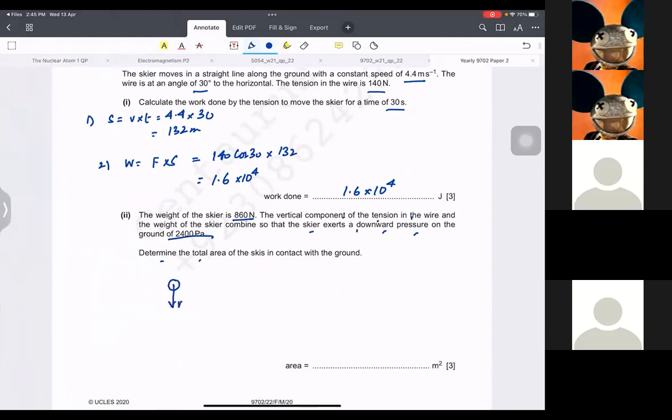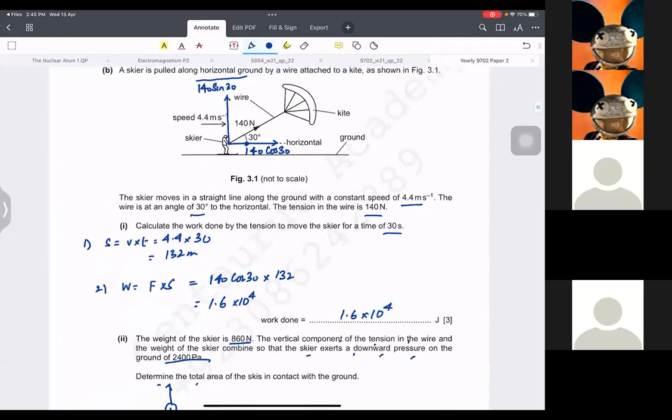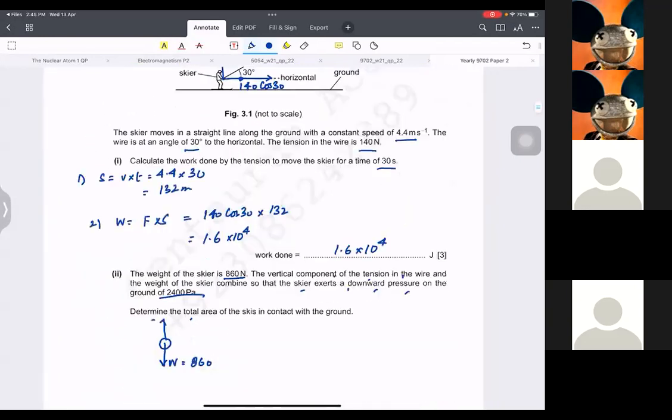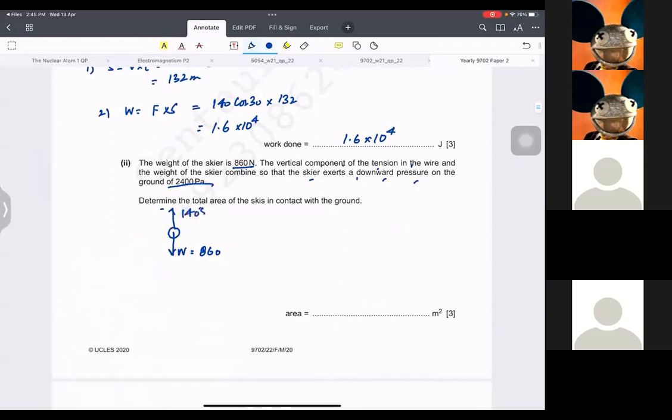So its weight is down, which he claims to be 860. And the upward force on the sphere is the tension one, which is 140 sine 30. So the net force here is going to be 860 minus 140 sine 30.